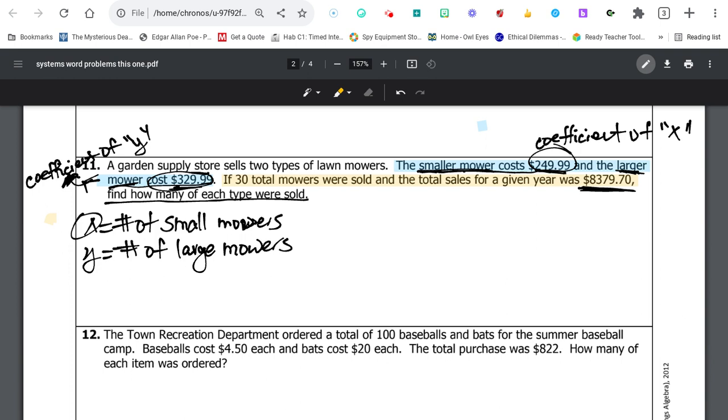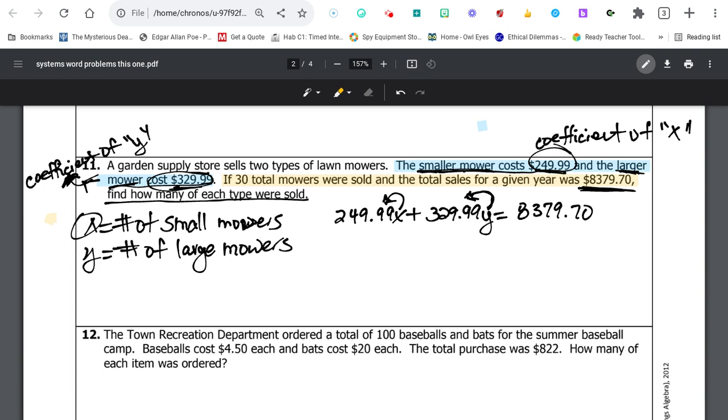So the coefficient of the X plus the coefficient for Y and Y, $329.99. So X small mowers at this cost, Y large mowers at this cost, then the total sales was $8,379.70.